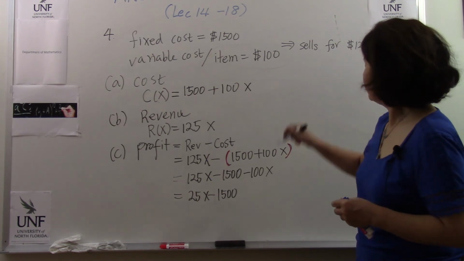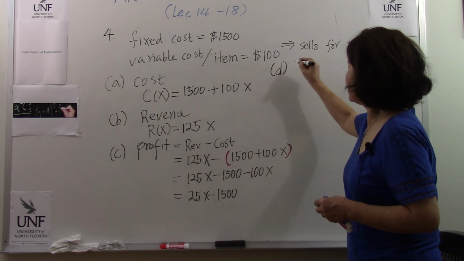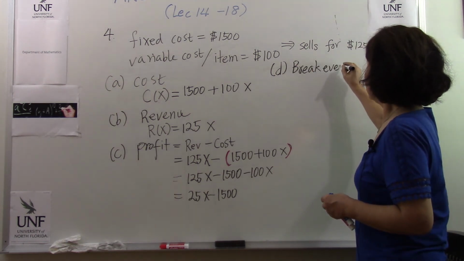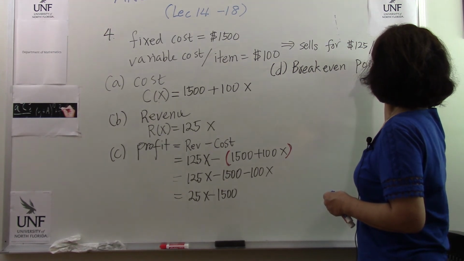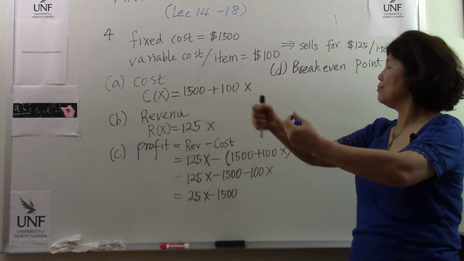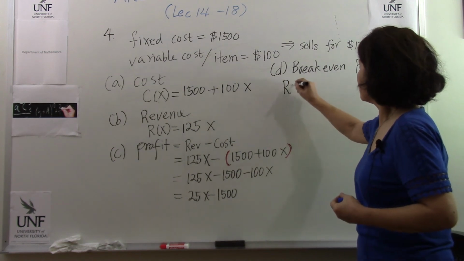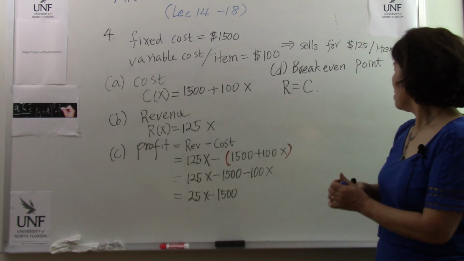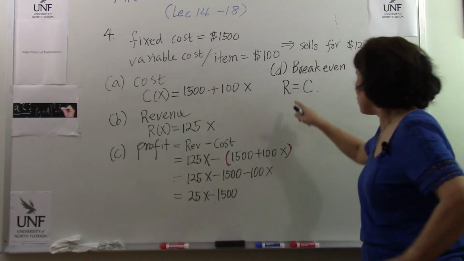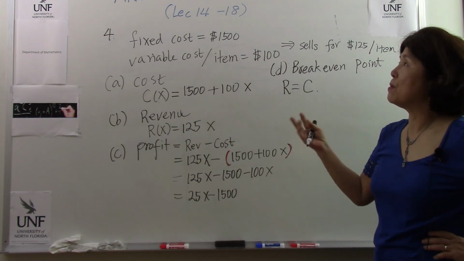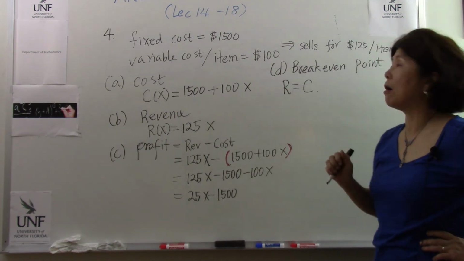The last question about this is, what is break-even point? Break-even point means, well, you spend the money and then you receive money. That is when the revenue equals the cost. So we may say you just recover the cost.